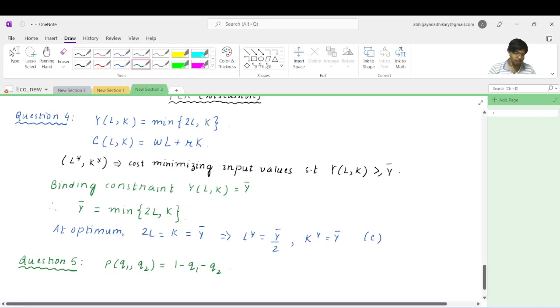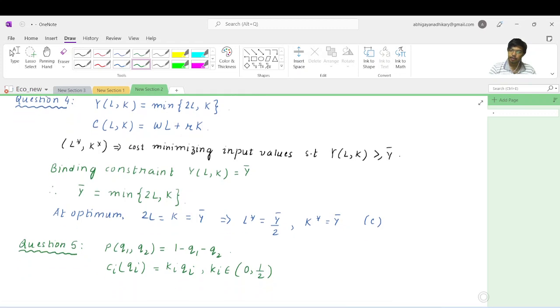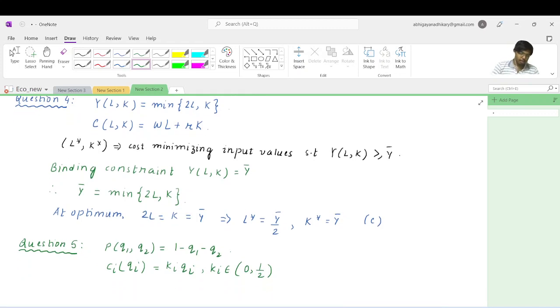What is the cost? Ci, which is a function of Qi, equals Ki times Qi, where Ki belongs to 0 to half. Note that there is no fixed cost for each firm. Then the Cournot equilibrium profit for firm 2 is.